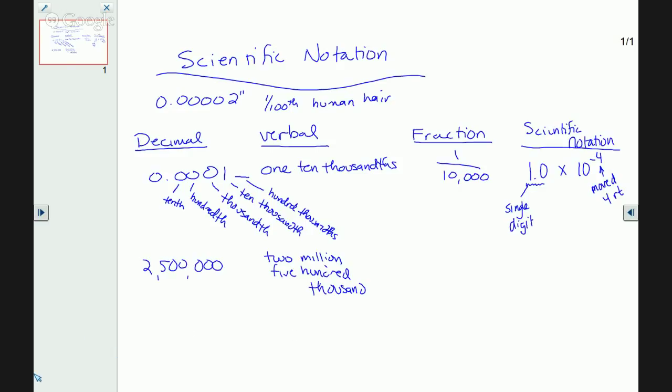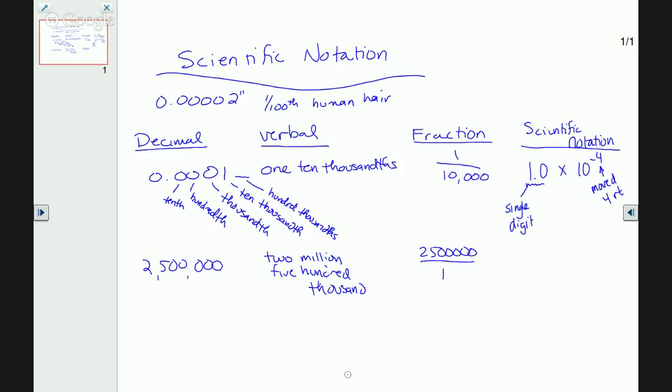Or are you okay with those? Most people are. The decimals are good. Okay, so 2,500,000. The fraction, there's not really a whole lot we can do with this. This is not going to really come into play. That's more for the smaller numbers. Okay, let's do scientific notation here.